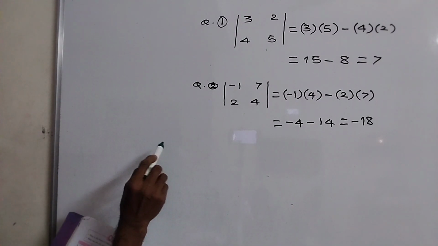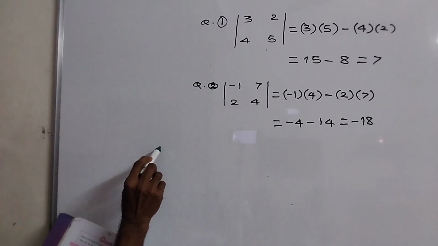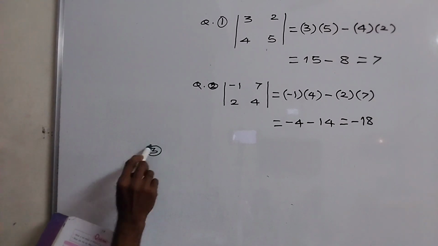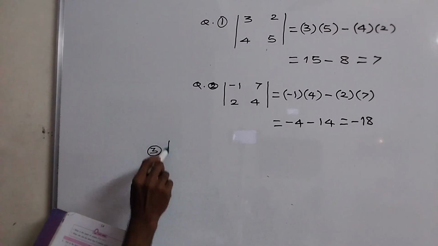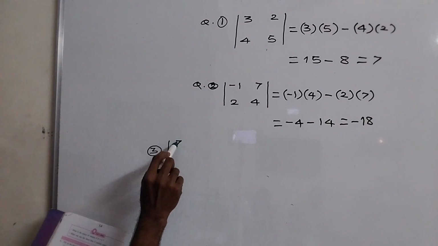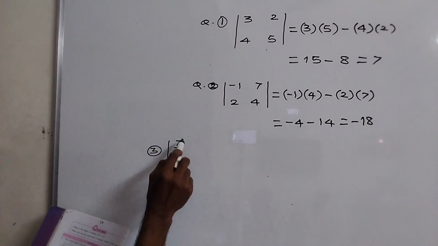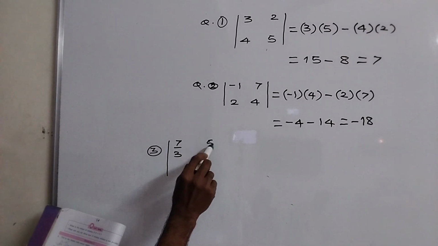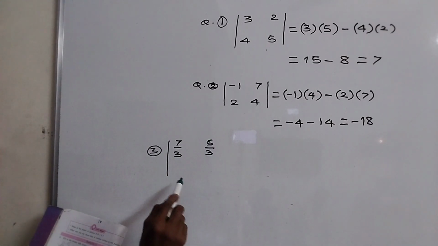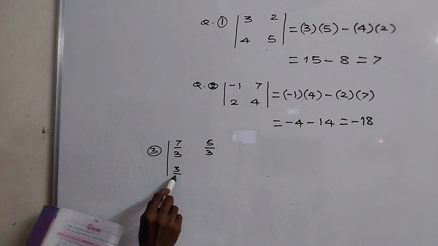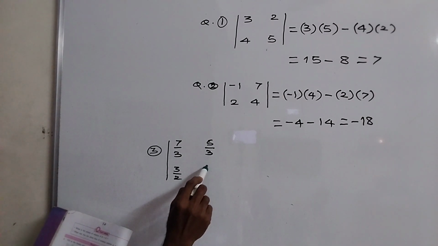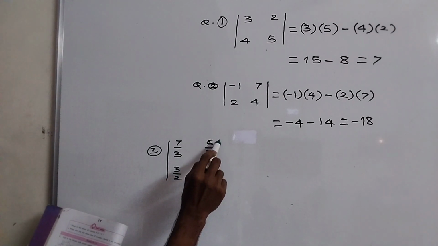See here, example number 3. First value 7 upon 3. Vertical line 7 upon 3, 5 upon 3, then 3 upon 2, and here 1 upon 2.